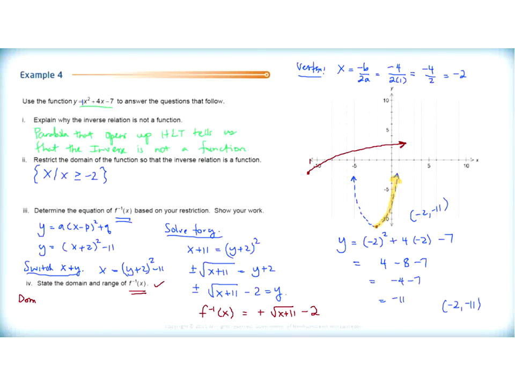So the domain of the inverse function, look at the graph that I just sketched there now. The domain is going to be greater than or equal to negative 11. And the range is going to be greater than or equal to negative 2.